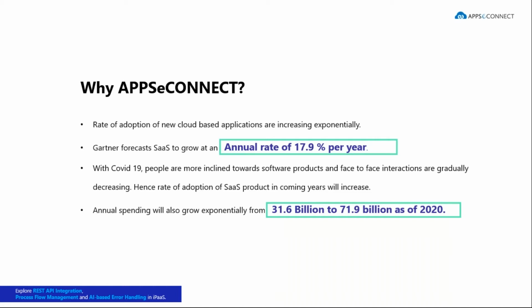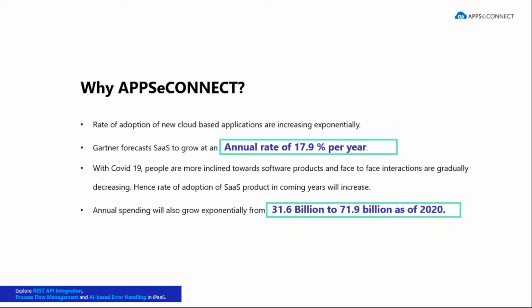Now, Gartner predicts a SaaS growth of an impressive 7.9% per year. And with the COVID-19 scenario that is happening today, the SaaS adoption during this lockdown has become even bigger. If you have heard, the collaboration tool adoption has increased manyfold in the last couple of months worldwide.